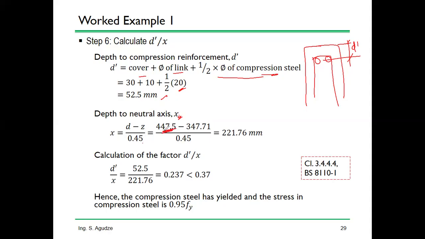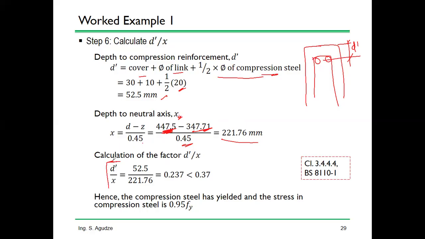This D was calculated, and the Z was also calculated in our previous step 5. We divide by 0.45, and we would have 221.76 millimeters.